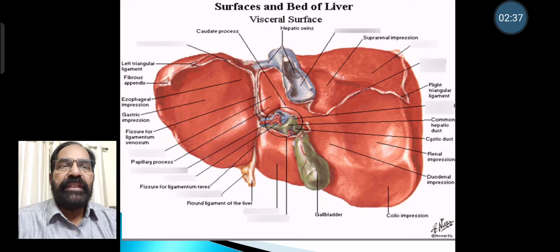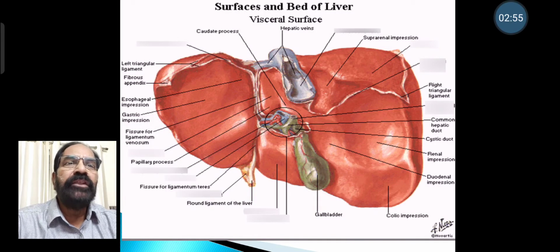So the surfaces showing different relations, that is esophageal impression, then we have gastric impression, then we have the transverse colon impression all along the anterior margin. Then you can see the renal impression, then the duodenal impression, and above the renal impression we can see the impression of the suprarenal gland.